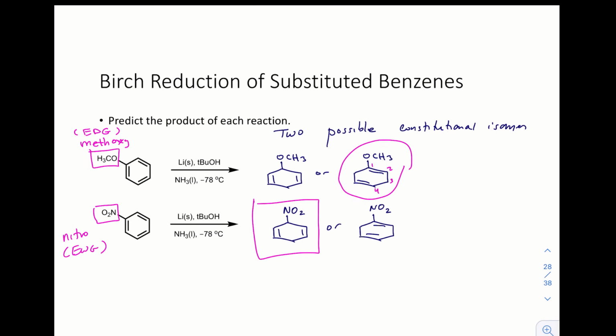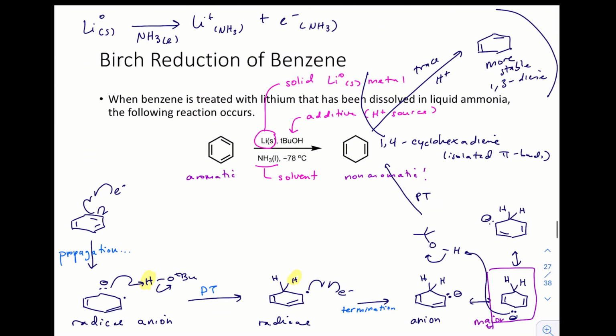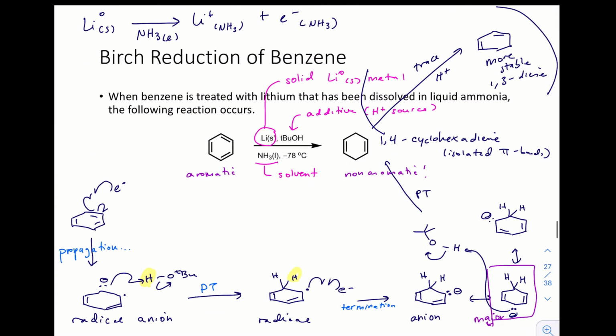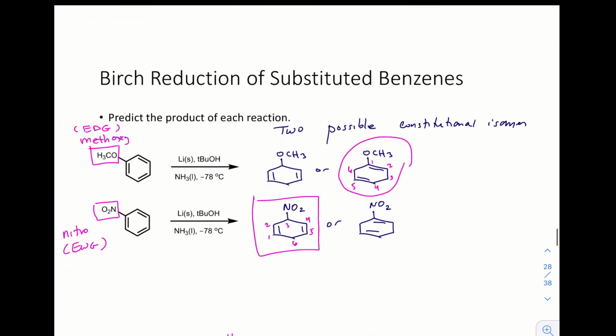We'll just call it carbon 1, but it could have easily been carbon 5. When the group on the benzene ring is an electron withdrawing group, such as nitro, that substituent is between the alkenes. And this can be understood by resonance structures of the anionic intermediate. But I'm going to spare you that for today.